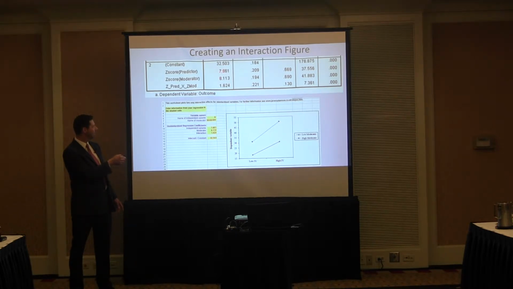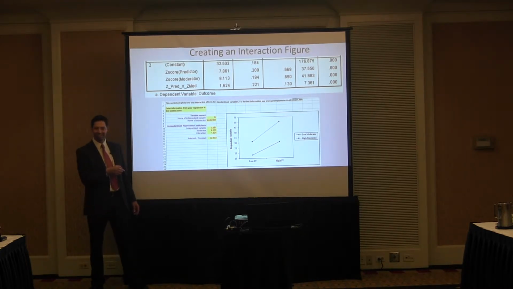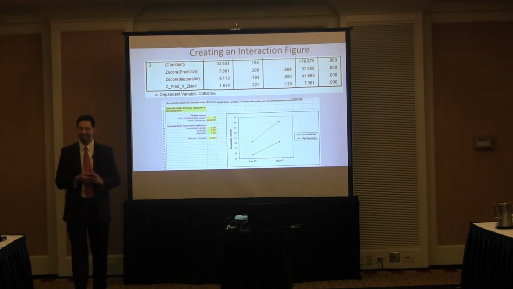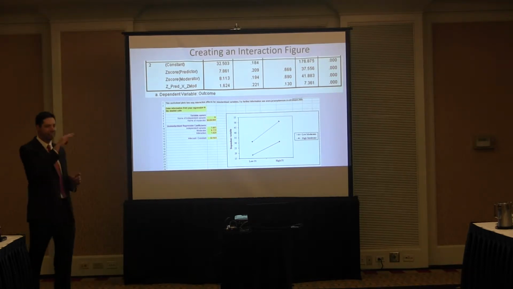Our predictor, 7.861. We're going to put that right here in the independent variable box. Independent variable on row 10, column B. And then for the moderator, line here, we're going to use our moderator output. These are our unstandardized betas, cut off at the top.